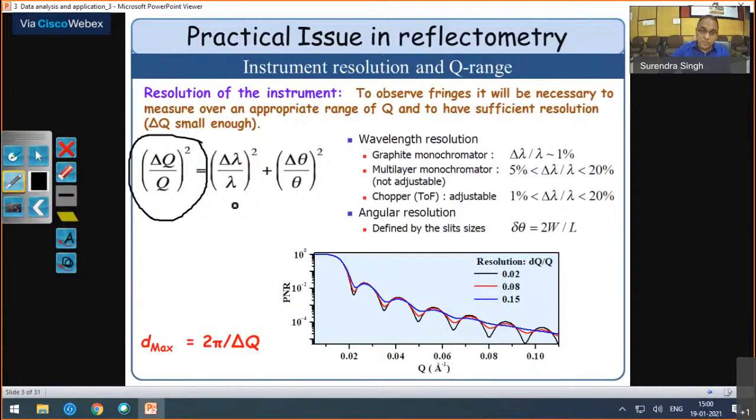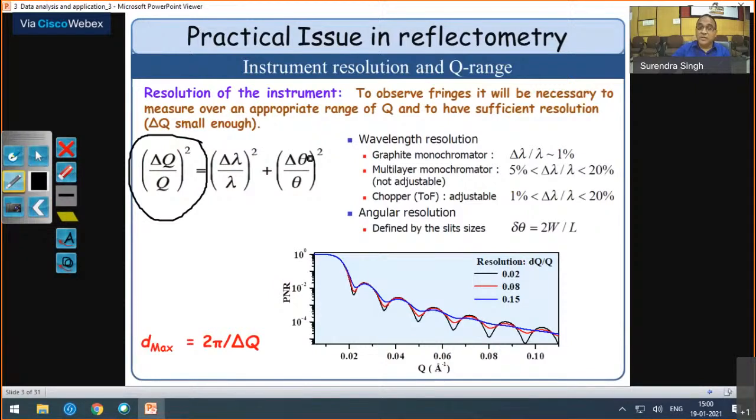For a monochromator like graphite, delta lambda by lambda is about 1%, and we are using a silicon monochromator here, which has much less because we have a nearly perfect single crystal.